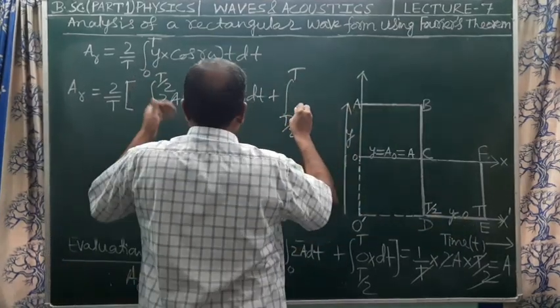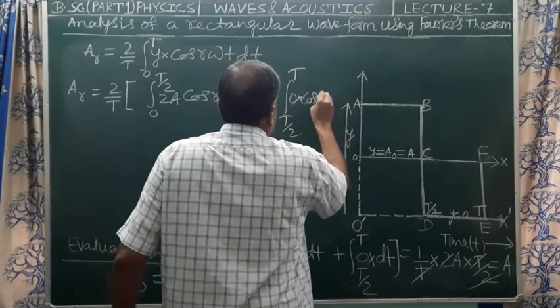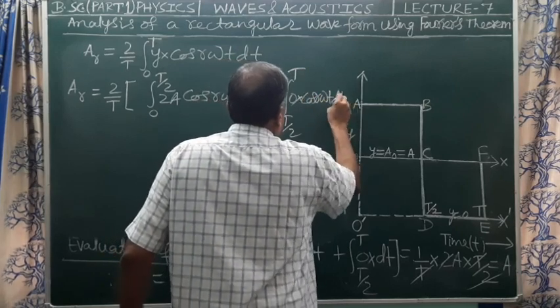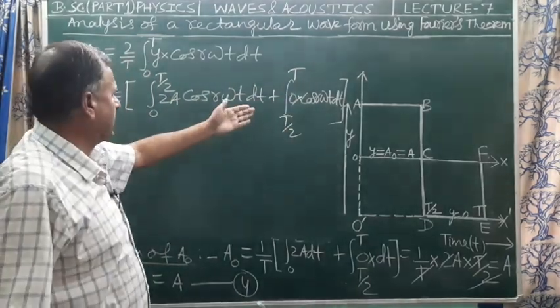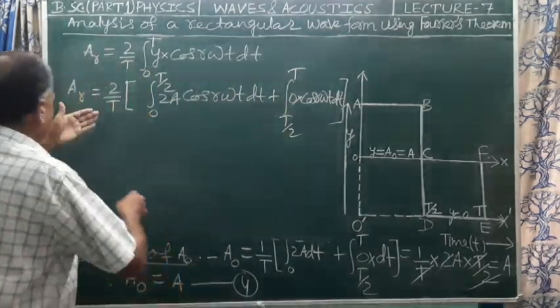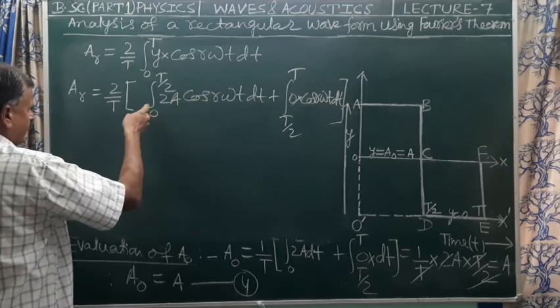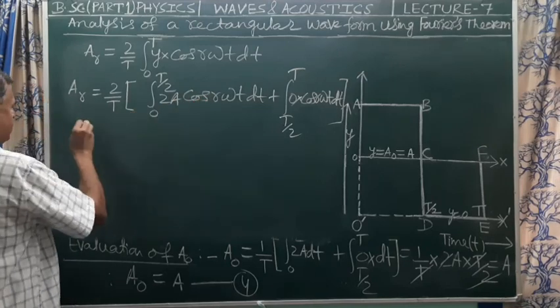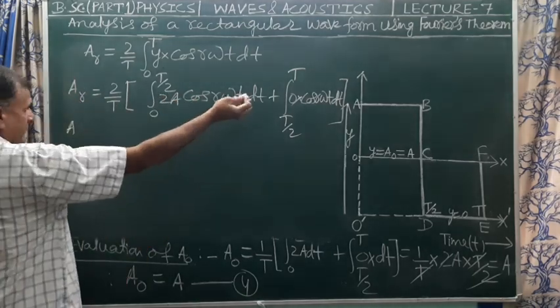So in place of y we can write 0 multiplied by cos r omega t dt, bracket closed. Now the second integral becomes 0 because displacement y is equal to 0, so only the first integral inside the bracket survives.